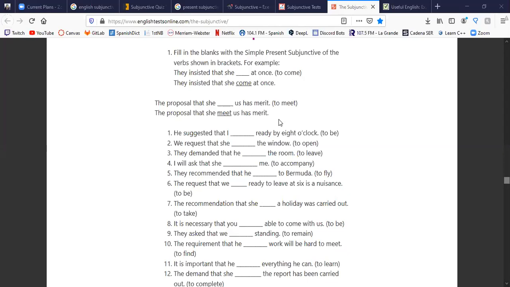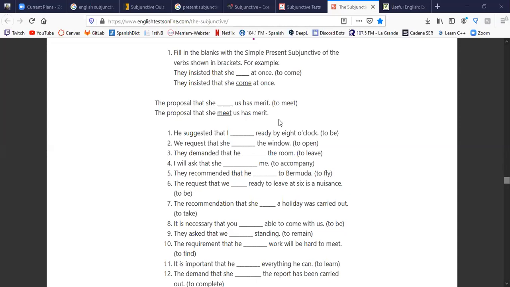But okay, how about this? Why don't we have Maxip answer? Oh, he already did. The request that we be ready to leave at 6 is a nuisance. Yeah, that's correct. And someone else, yeah, 5 was fly. Will, then you can answer the next one. You can just type it in.